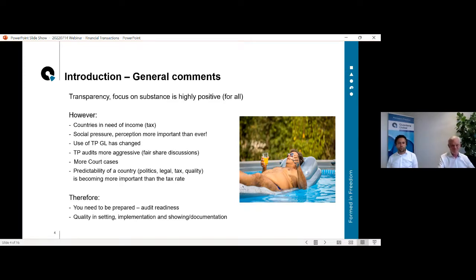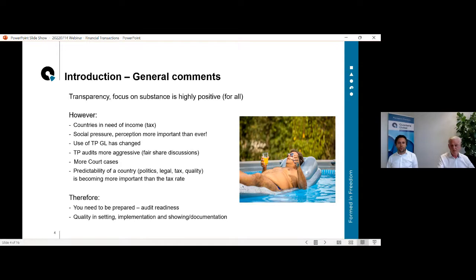COVID is still just around the corner, but everything is changing around you. Countries are going to need some income for their budgets. So what's really coming along is that the countries will come to you for income, for tax results.